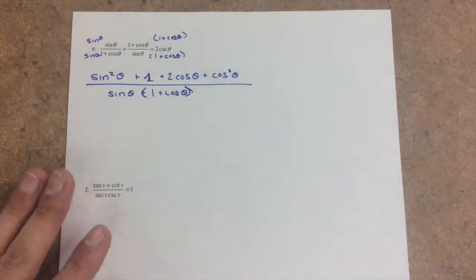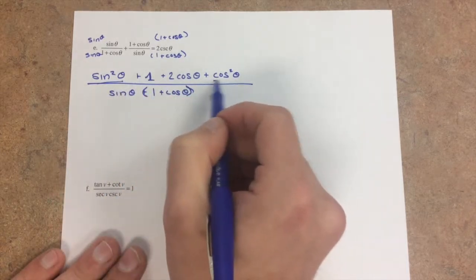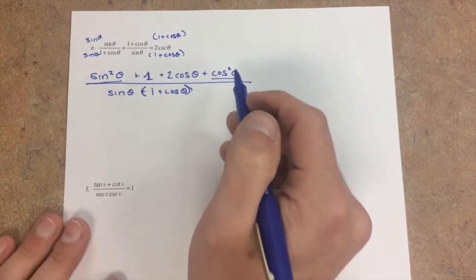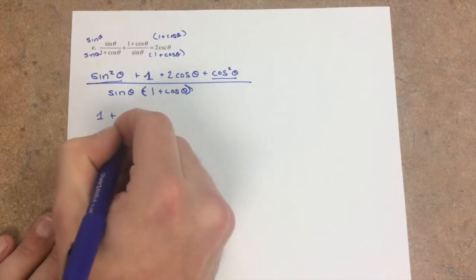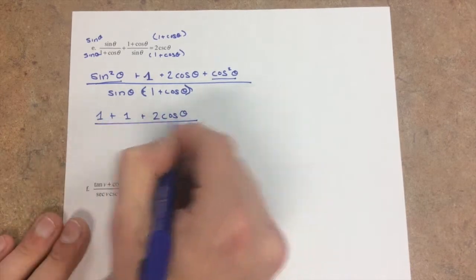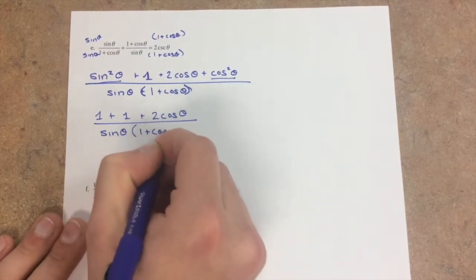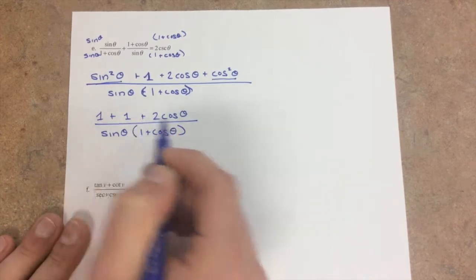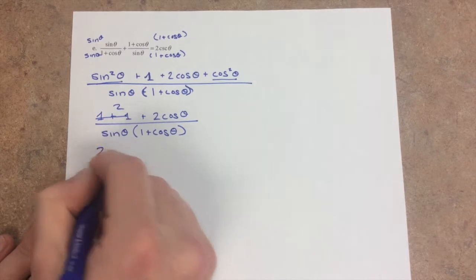All right. Next up, I have a sine squared theta and a cosine squared theta, which becomes 1. So these two become 1 plus 2 cosine theta. So 1 plus 1, this becomes 2. I have 2 and 2, so I can factor out that 2 in front.